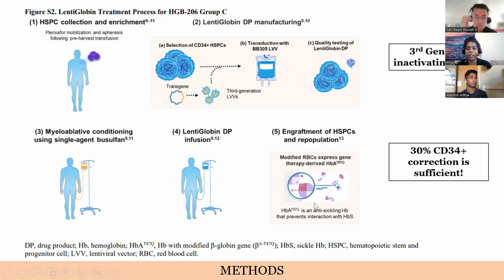Does this work? And the cool thing actually is you really only need like 30% of these stem cells to produce the modified beta globin in order for the person to be cured of sickle cell disease, or essentially not have the sickle phenotype.